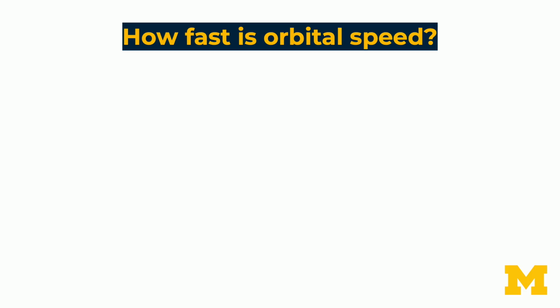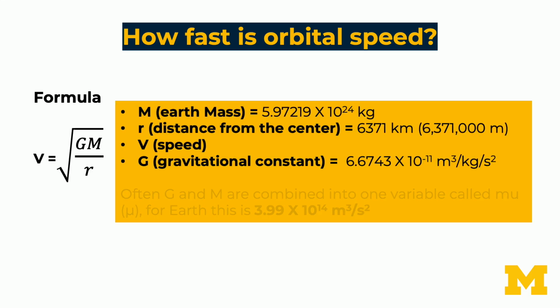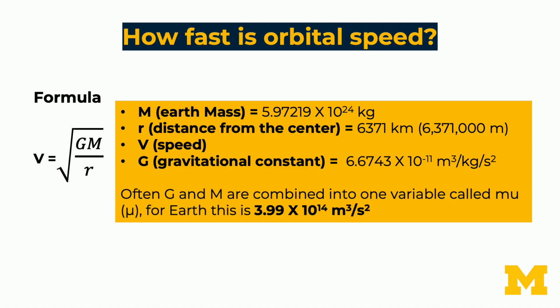So how fast is orbital speed? So this is the formula, v equals the square root of GM over r. And usually the G and the M are combined to make this variable that's called mu. And mu for the Earth is defined here, 3.99 times 10 to the 14th.